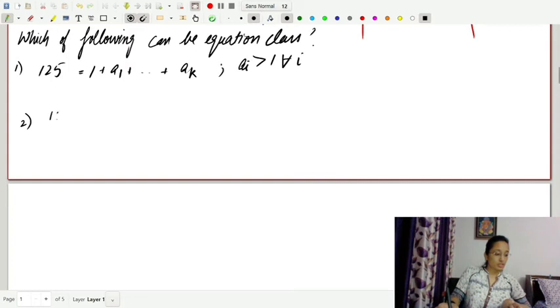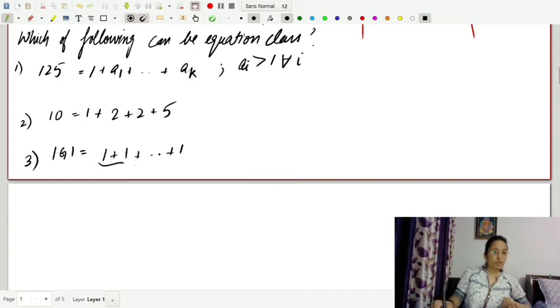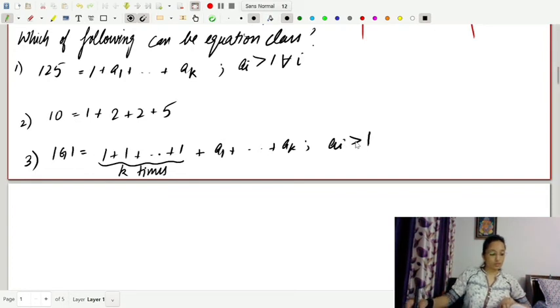Second, 10 is equal to 1 plus 2 plus 2 plus 5. Third, the order of G is equal to 1 plus 1 plus 1, k times, plus a1 plus and so on plus ak for all ai greater than 1.